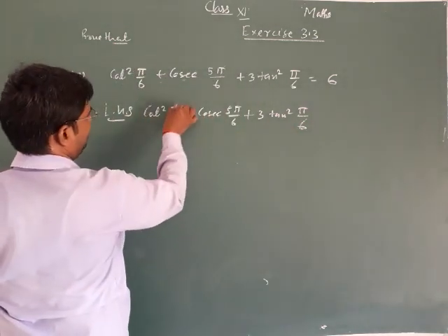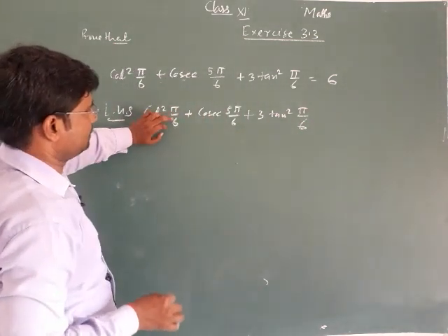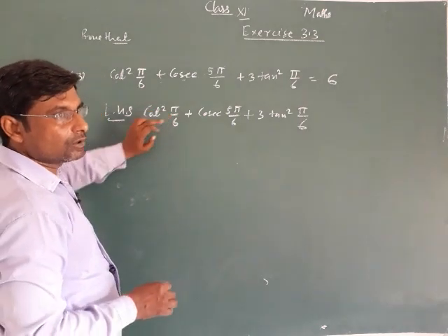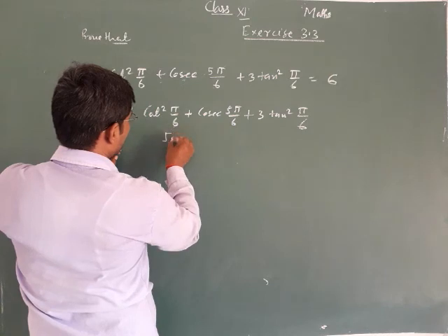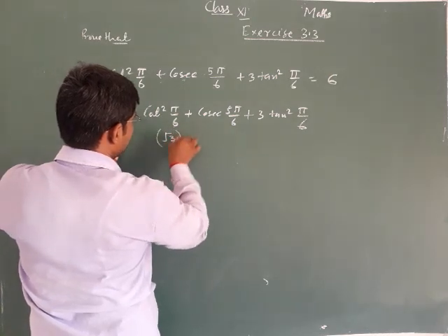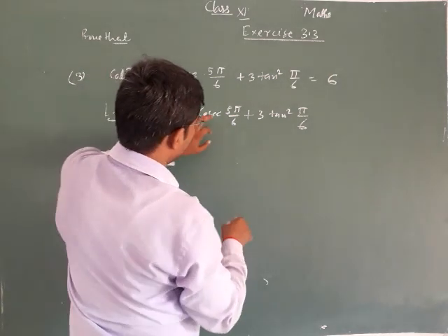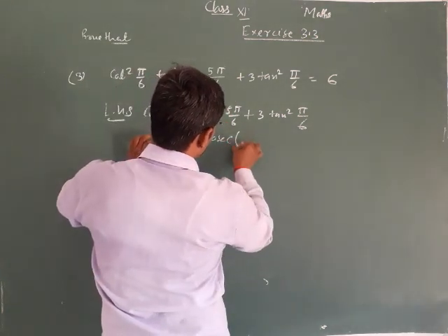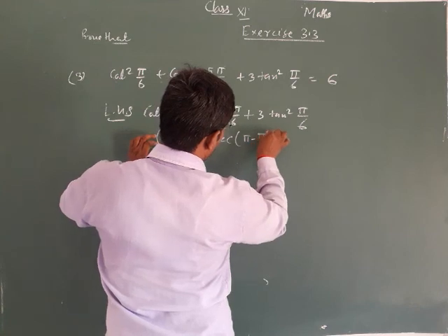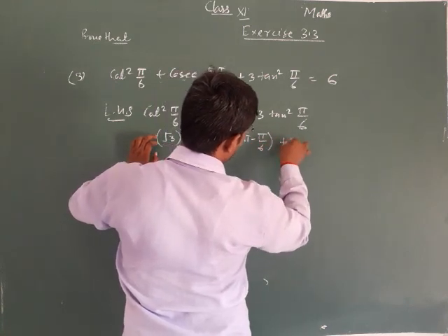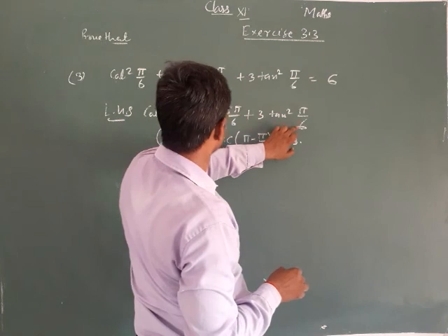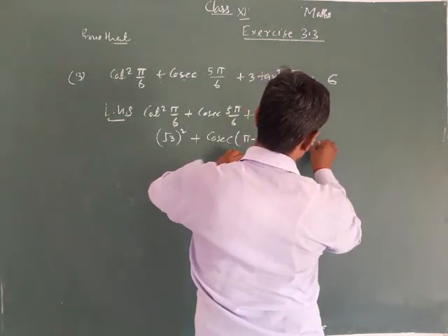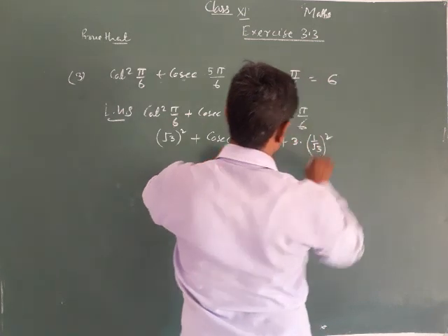So cot π/6 means cot 30 degree, so root 3 squared, and plus, now break up this angle: cosec (π minus π/6), and 3 tan π/6 means 30, so 1 upon root 3 squared.